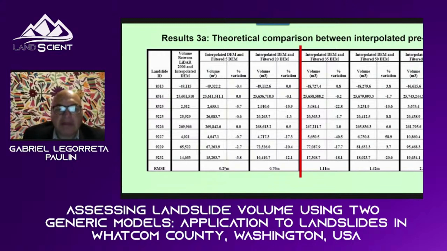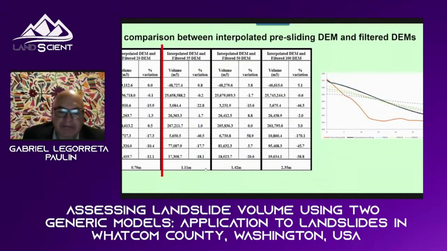So the difference between my reference and my predicted elevation for filter 5 is 0.24 meters. And the difference between my reference and the digital elevation model with filter 100 is 2.35 meters.